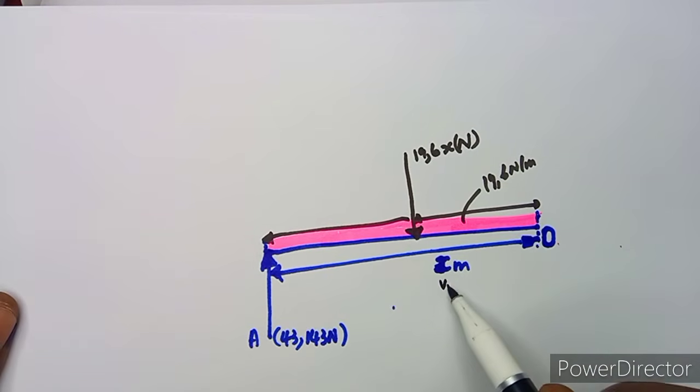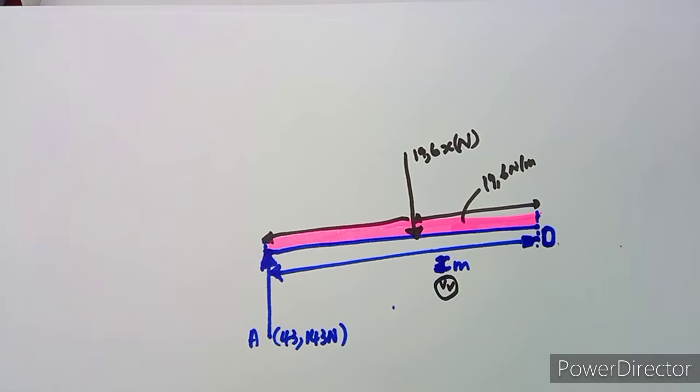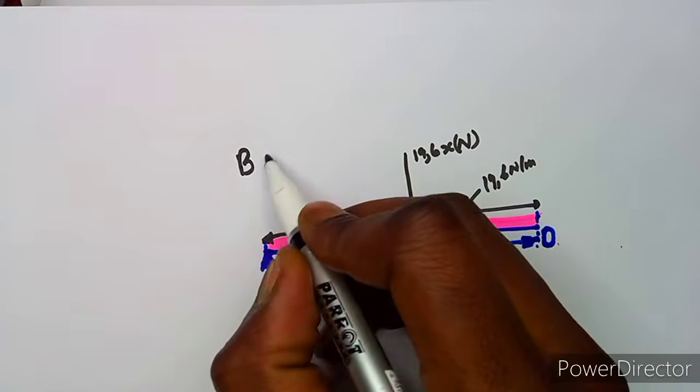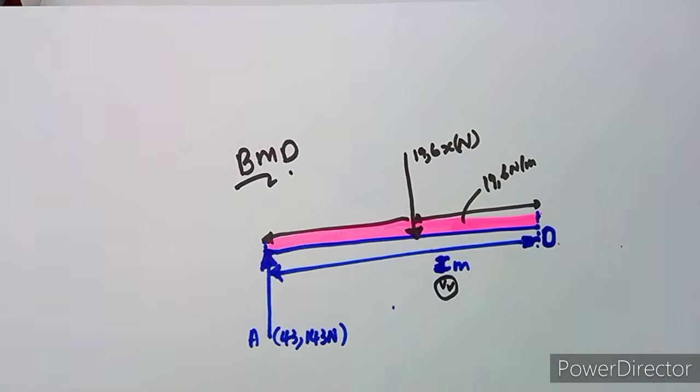So our major goal now is to find the value of X. Once we know this value of X, it's easier for us to have the bending moment at point D. So how are we going to find the value of X?